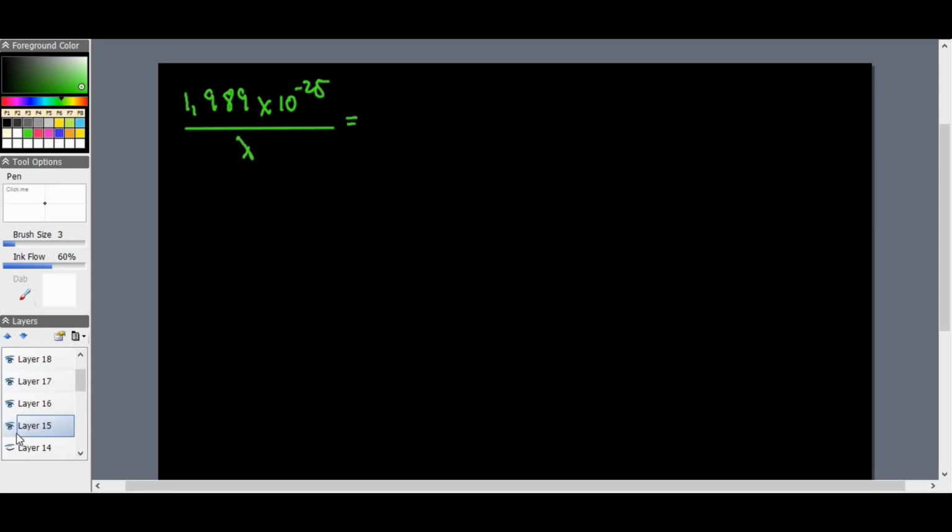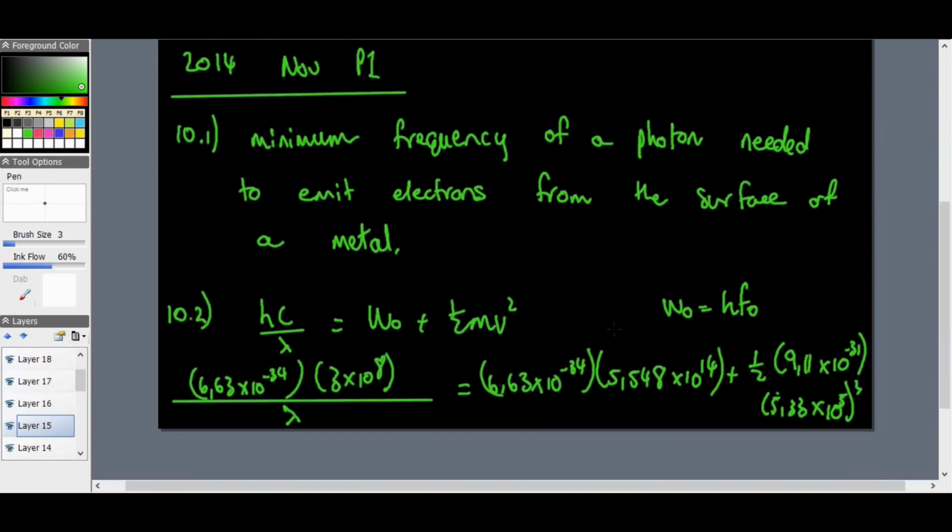Okay, let's make that visible again here at the bottom. So let's calculate this part here: 6.63 multiplied by 5.548 times 10 to the power of 14.